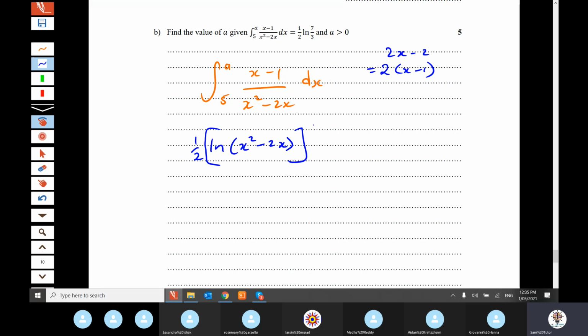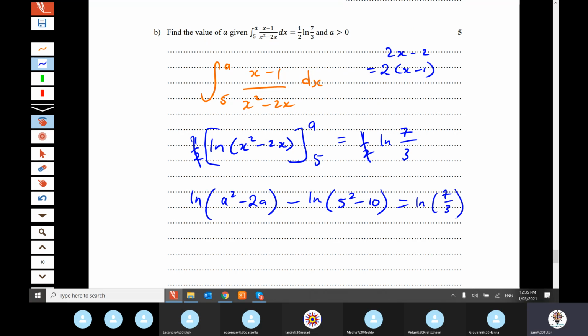So you could always do that as well, if you didn't know it was half for any reason. And then you've got A and you've got 5. And then you've got half log 7/3. What can I do to both of the halves? Cross them out because they're both the same on both sides. I'm left with log a squared minus 2a minus log 5 squared minus 10 equals log 7/3.